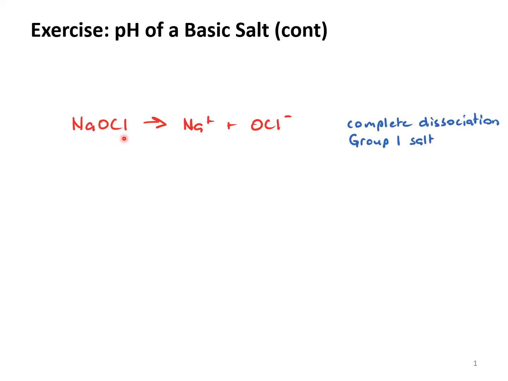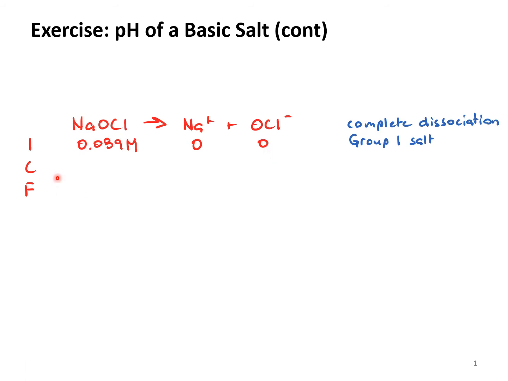Since sodium hypochlorite is a group 1 salt, it dissociates completely into its component ions, the sodium plus 1 cation and the hypochlorite anion. The next step is to write the ICF table for this reaction. We start with 0.089 molar sodium hypochlorite, which was given in the question, and we don't have any sodium plus 1 or hypochlorite anions to start with.